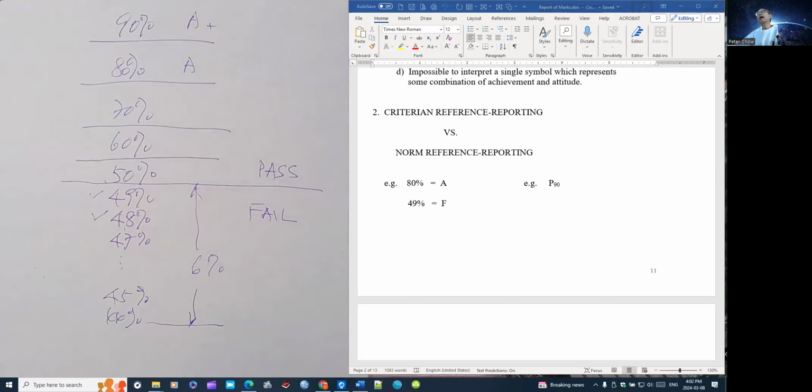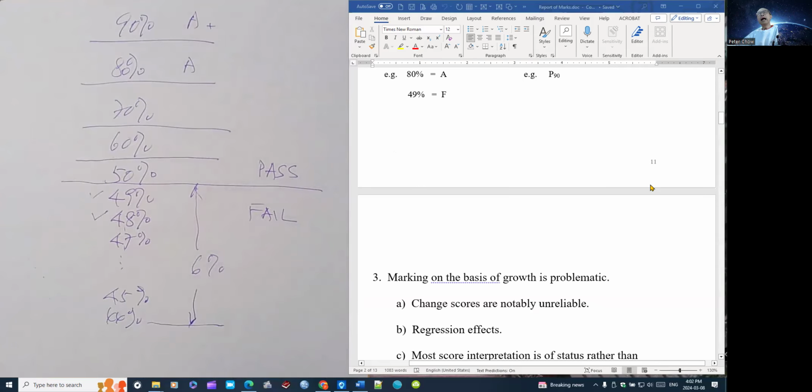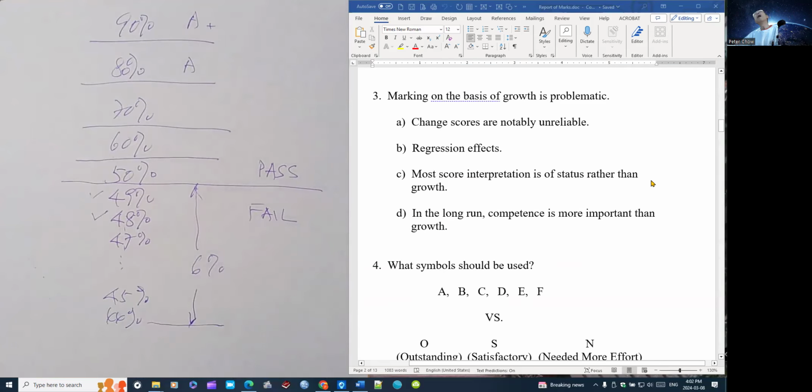All right, now, marking on the basis of growth is problematic. It has similar problems to marking on effort or marking on aptitude.